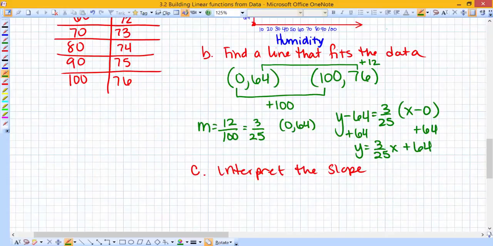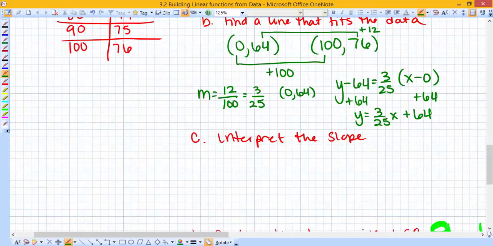So please do not panic. Oh my gosh, my slope's a fraction. I'm not going to be able to do this. Don't panic. If you use the correct point, the one that has the 0, you're not even distributing the fraction. You only have to multiply it to the x. And that should be super easy for you guys. Should not be a big deal.